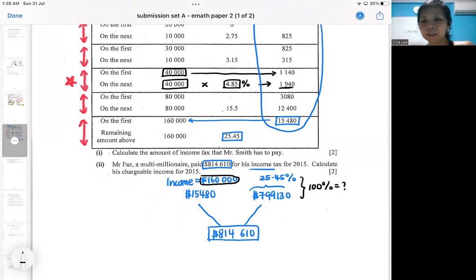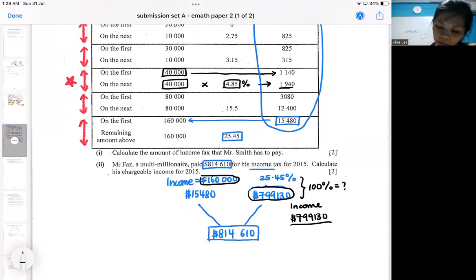So you split the tax according to the 2 baskets and work backwards to get the income. In this case, if this one is 25.45, that means the second basket of income will be something like 799,130 divided by 25.45 times 100.